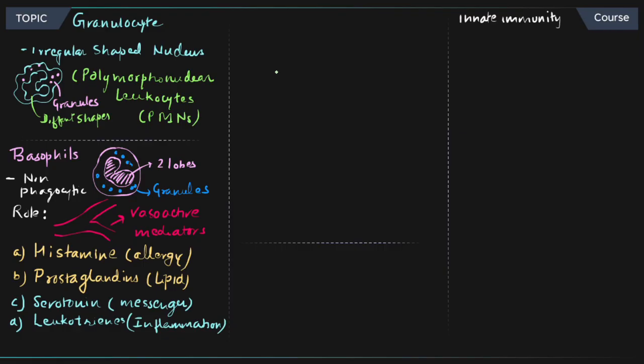Now let's move on to the next cell type, which is eosinophils. That's also part of the granulocyte population. Let me create the structure of that particular cell also. It is bilobed.